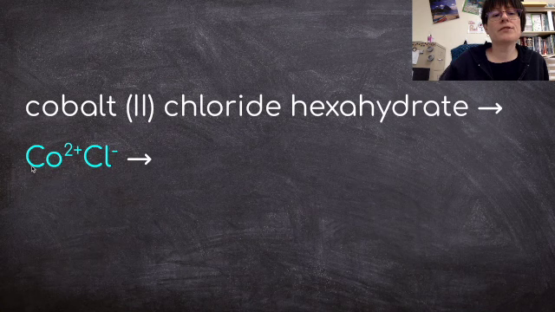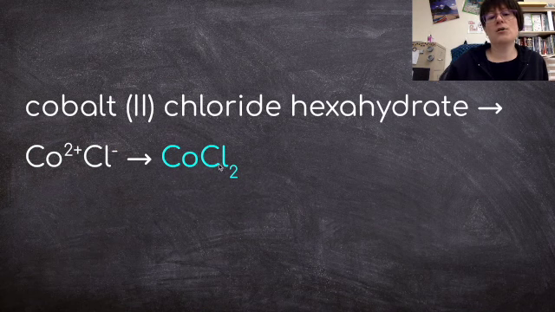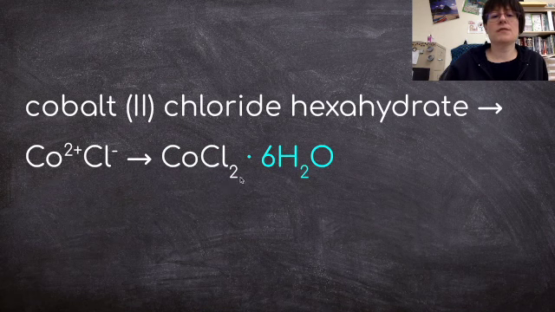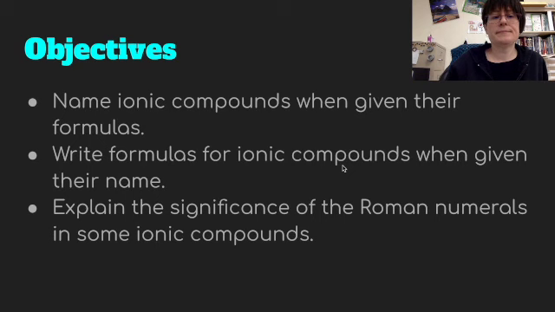So we have Co 2 positive, Cl negative. We crisscross to get CoCl2. But let's not forget the hexahydrate. Hexa means 6, so we have 6 waters. So this is the formula for cobalt(II) chloride hexahydrate, CoCl2 with this dot and 6H2O.